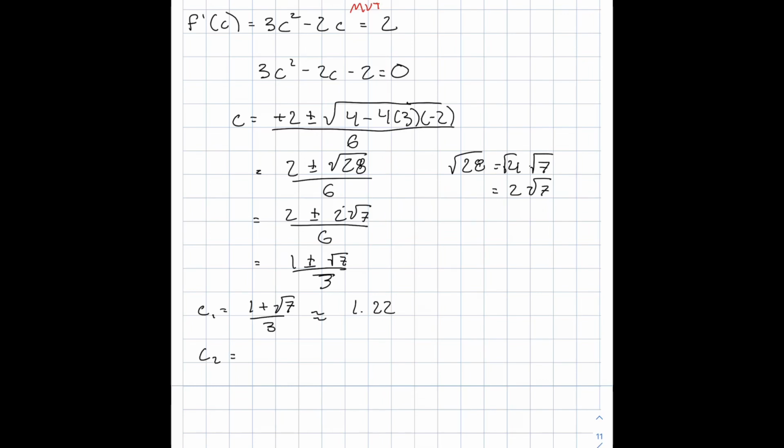And then we'll call C2 1 minus the square root of 7 over 3, and that's about negative 0.549. Both of those numbers are in between. So these two values satisfy the mean value theorem on negative 1 to 2.